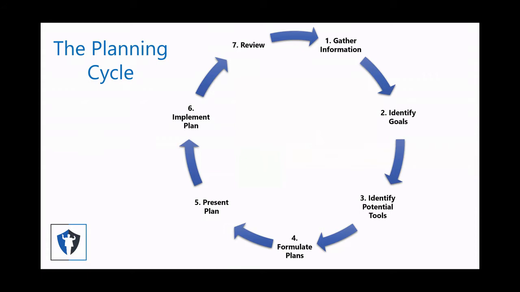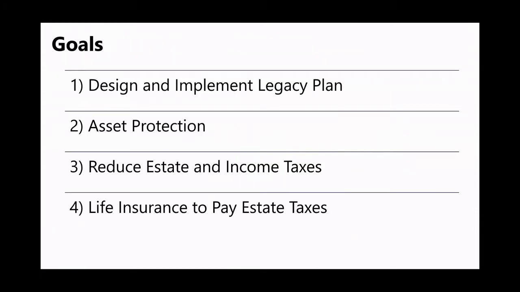But step 1 is we have to gather the information. We've got to get the background of the client and know who they are, and then finally what they want to achieve. Because all of the things that we do revolve around their goals and it's their planning. They've got to understand it.